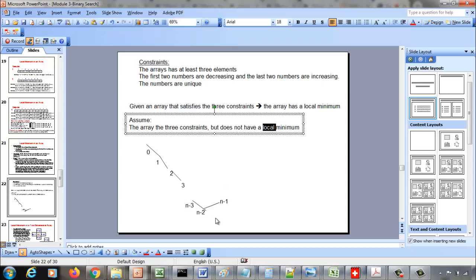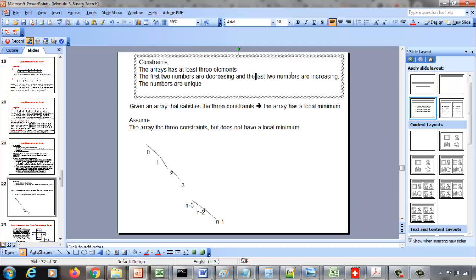So as we can see, if you want to maintain our assumption, then the element at index n minus 1 should be less than the element at index n minus 2. But if you want to do that, it will violate what is given. What is given is that the array satisfies these three conditions.